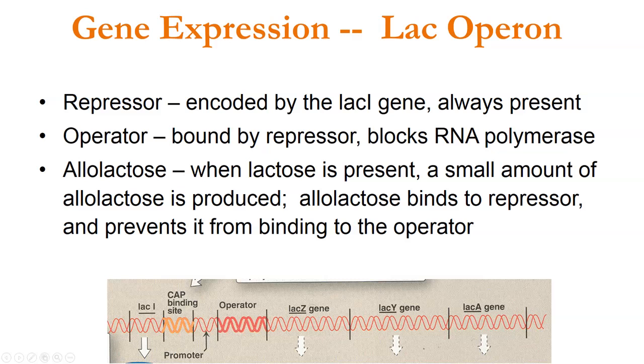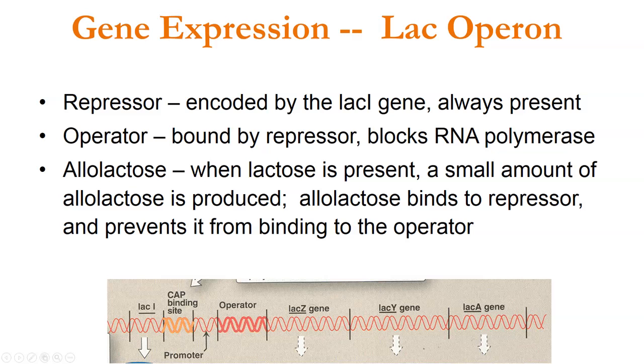Well, if lactose is present, okay, a small amount of allolactose will actually be produced. And so that's a non-enzymatic pathway. So it's a spontaneous conversion. You get a small amount of allolactose produced, and this is actually what can bind to the repressor.